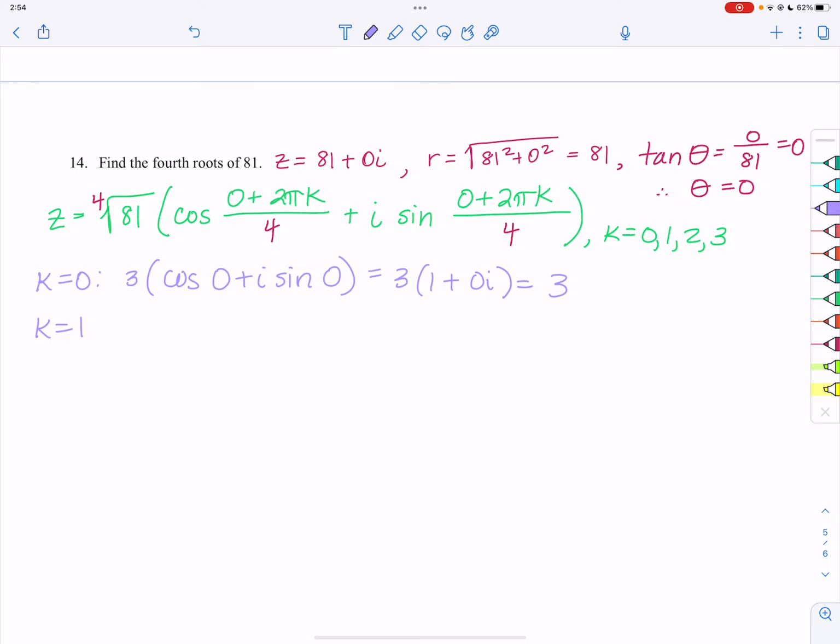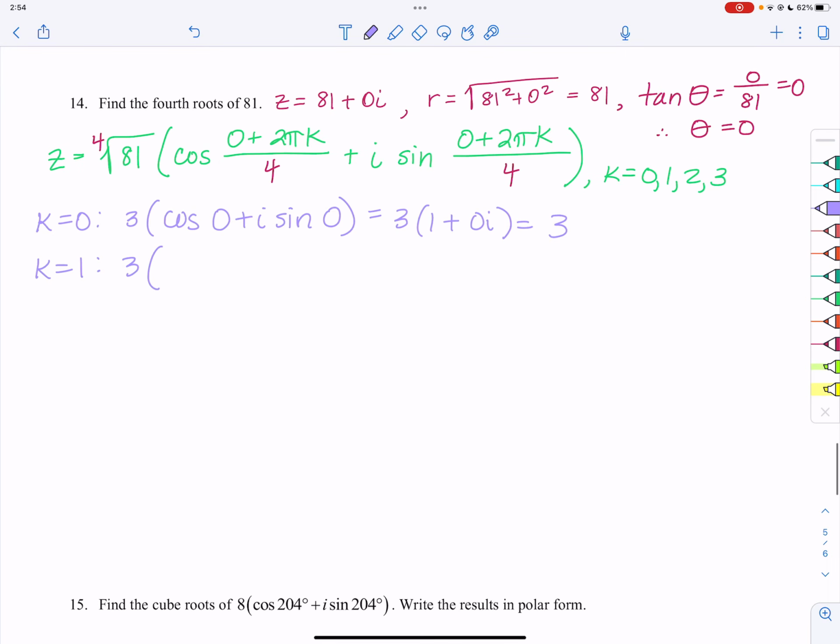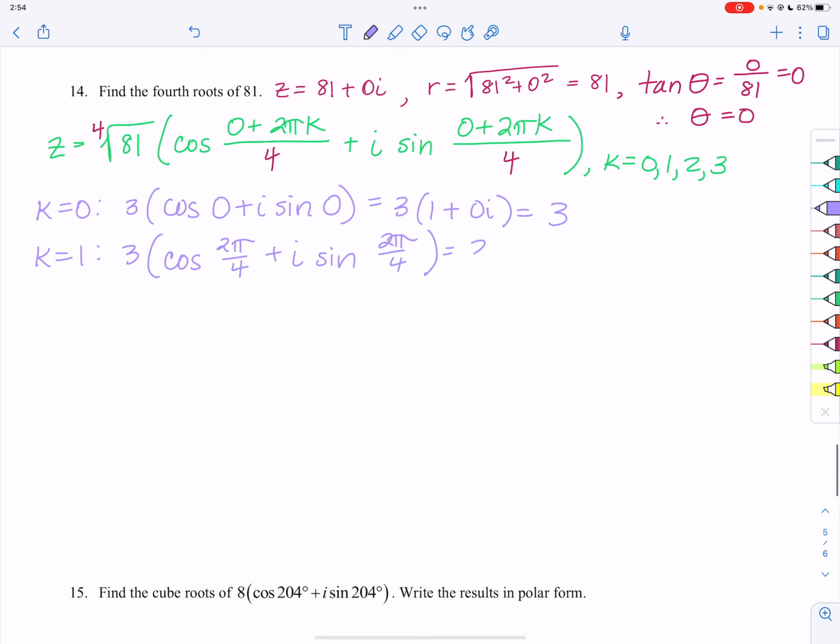For k equal to 1, we have 3 multiplied by the cosine of 2 pi over 4, and of course, that's going to be pi over 2, plus I sine of 2 pi over 4. And that's equal to 3 cosine of pi over 2 plus I sine of pi over 2.